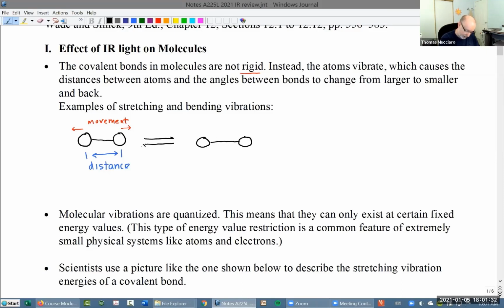I don't know if that's exaggerated enough, but basically I'm trying to show that they started here, they moved out to there, then they moved back in, right? That's a stretching vibration.